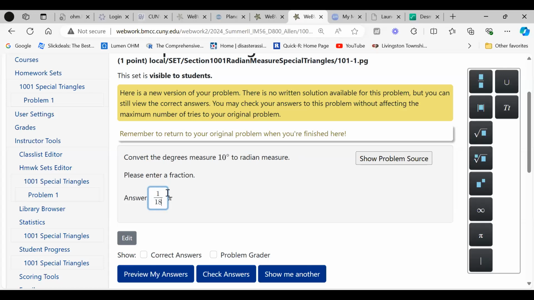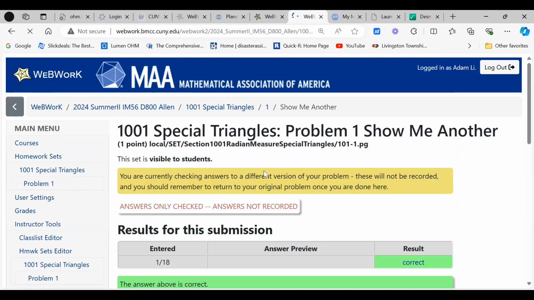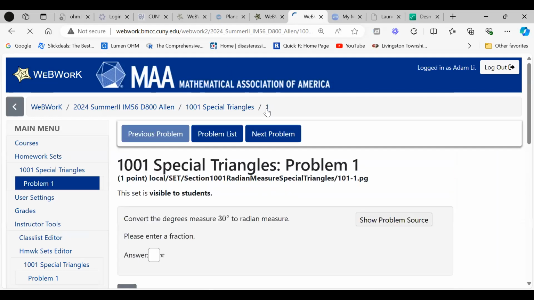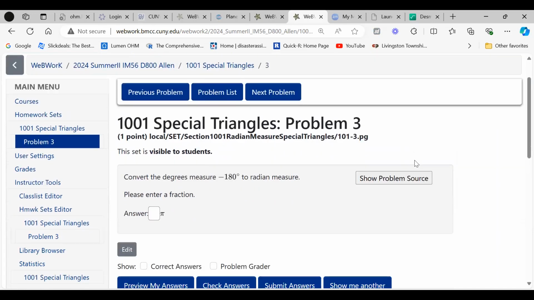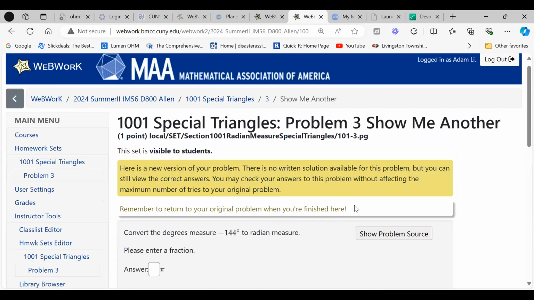1 over 18. Okay, now let's look at the next question. This is all basic stuff, but it's very useful. It's very important. 180 is equal to pi, right? So I'm going to skip this. What if it's a minus angle, a negative angle?